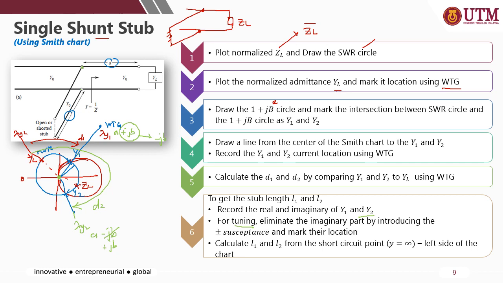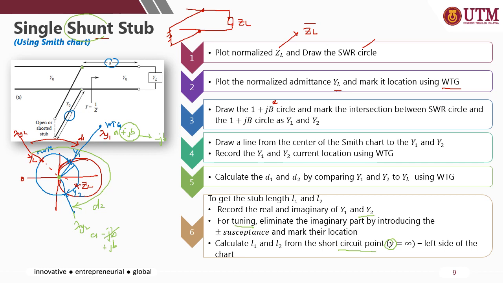Alright, so after that, you can calculate the L1 and L2 from the short circuit point. In this case, it's shunt and short circuit, for example. You need to be clear with the condition whether you are using the open stub or short circuit stub. If you are using short circuit, then for shunt you use admittance.